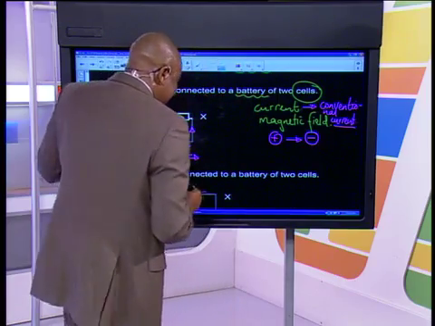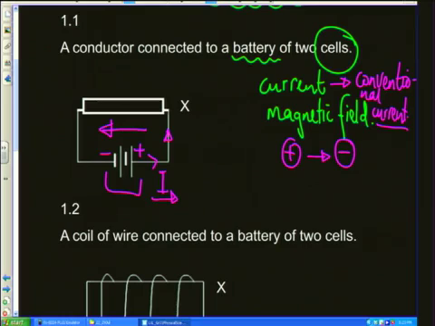Here we know that it is carrying current, so there should be a magnetic field created around it. I'm erasing here so that I will have space to show what I'm talking about. So we know that current is moving in that way, so we know from which point it is entering our conductor.